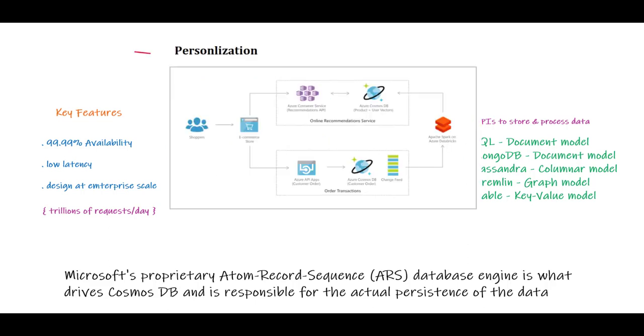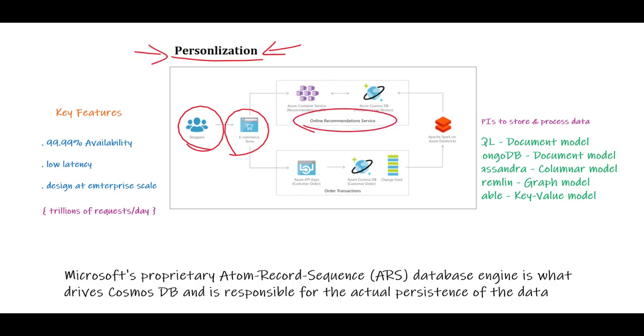And that's not enough. In the retail world, for example, we want to personalize a user's experience. So shoppers can go to the e-com store and there can be an entire online recommendations engine that can be fed or dealt with or stored and managed by Cosmos DB. So if you're buying a certain book, a certain product, a certain service, the online recommendation engine can be fed from Cosmos DB, which is basically communicating with perhaps Azure Container Services, recommendation API, that's a bunch of containers.